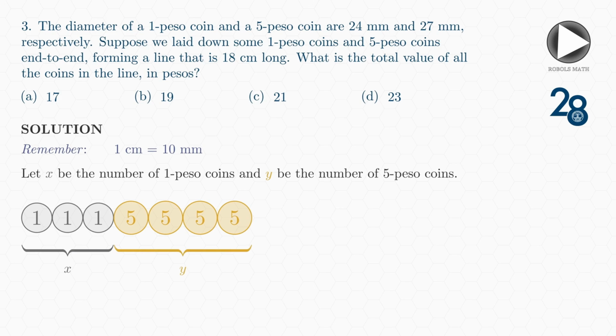Now we're given that the diameter of the 1 peso coins is 24 millimeters, and that of the 5 peso coins is 27 millimeters.